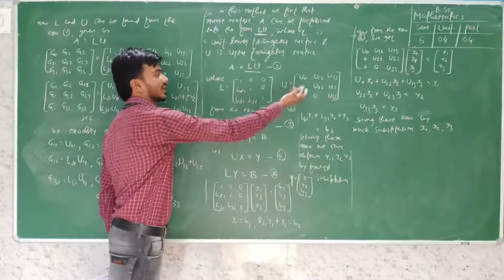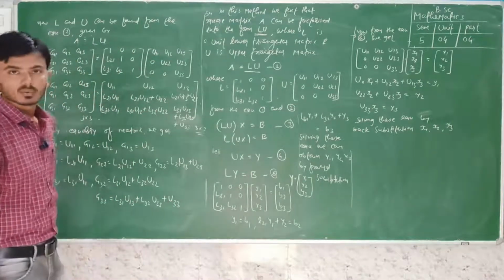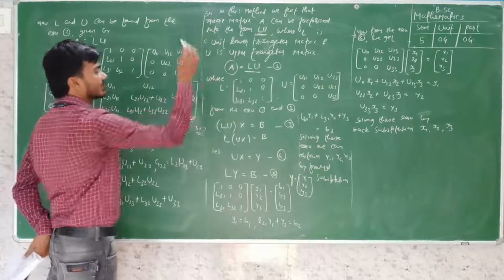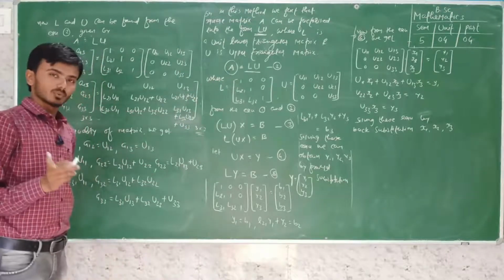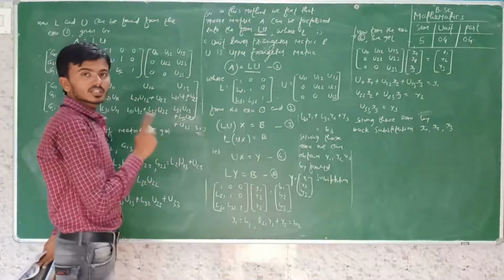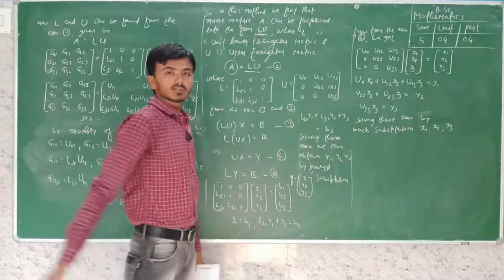So L and U we can retrieve, because a square matrix A can be factorized into LU. Remember that L is the unit lower triangular matrix, whereas U is the upper triangular matrix.